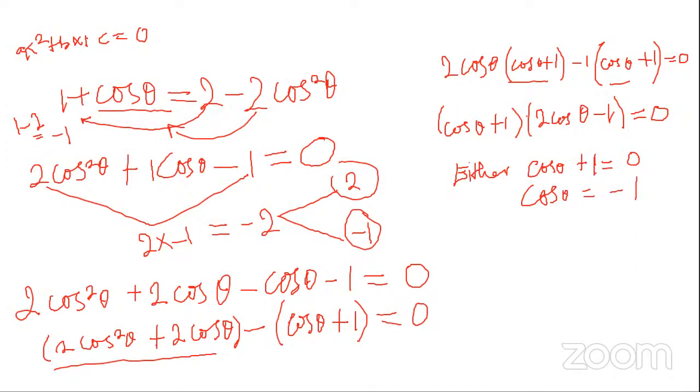And then when we get here, we take the cos inverse both sides. So theta now becomes cos inverse of negative 1. So this negative here tells us where the angle is going to lie.